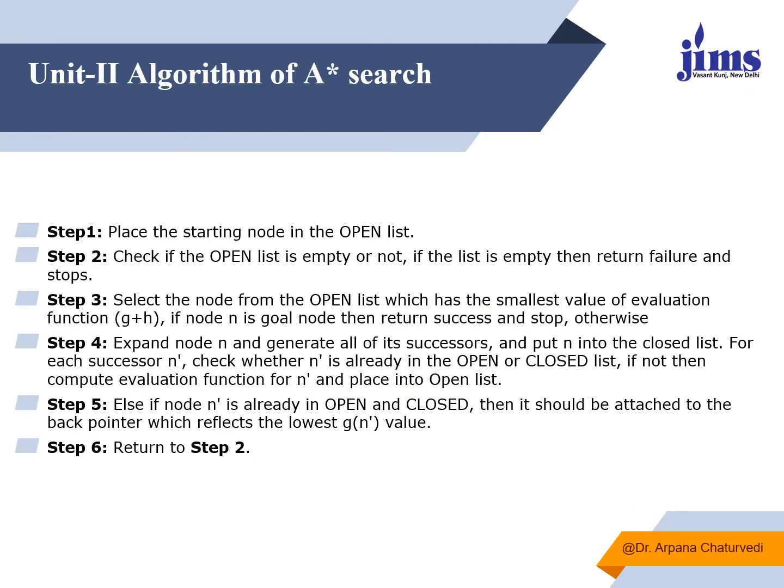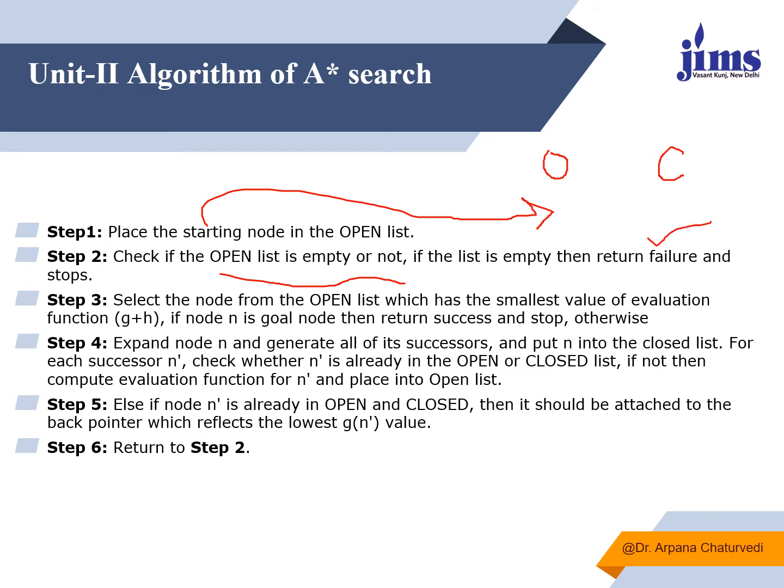Hence we can see the algorithm of A star search. Step 1: place the starting node in the open list. There will be two lists, as we earlier talked about, the open list and the closed list. Firstly the start node will be in the open list. We check if the open list is empty; it means there is no other node to be explored, so we return failure.